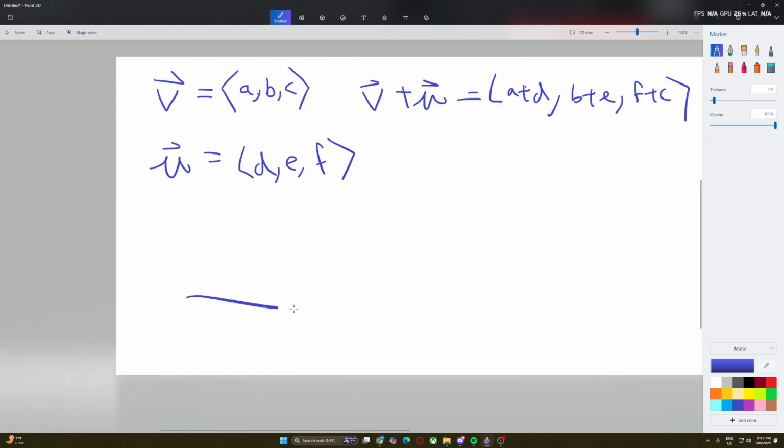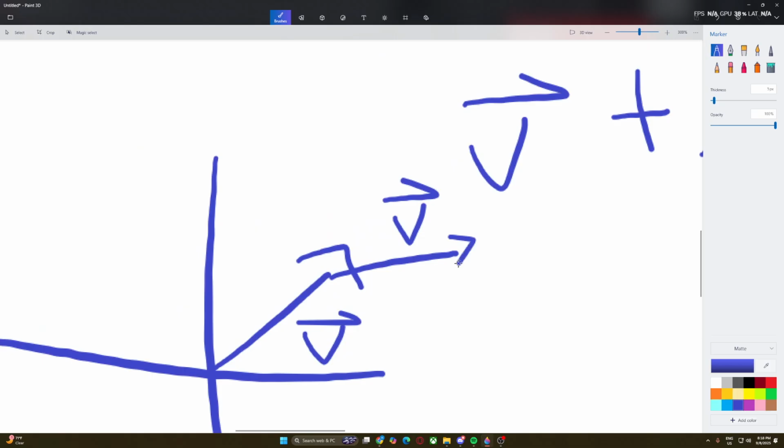By the way, addition of vectors. Say this is v right here. v plus u can be represented by u right here, at the tip, or the terminal point.